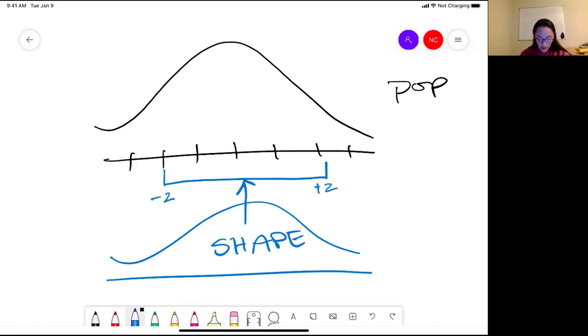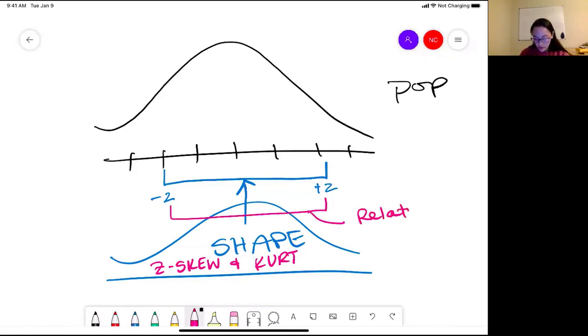So if the shape being skewness and kurtosis, in terms of our Z skew and Z kurt, if those values land between plus or minus 2 standard deviations, we say the shape is relatively normal.